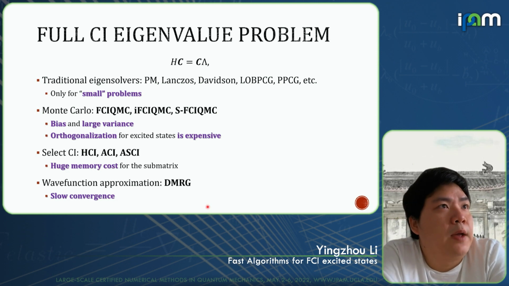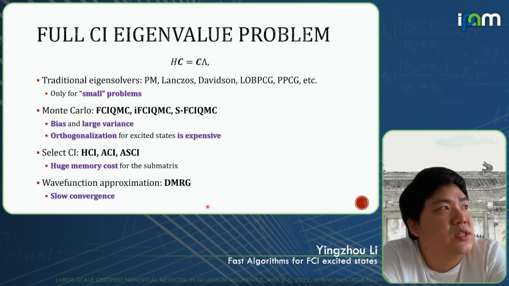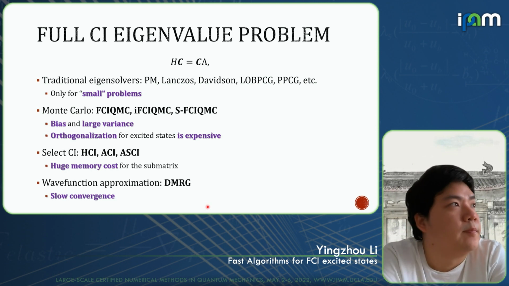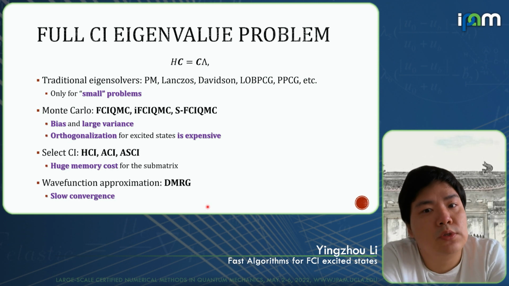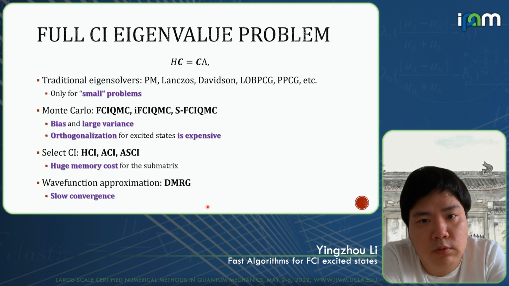But the eigenvalue problem sizes in DFT and full CI are dramatically different. Here we say they are only for small problems in the sense of full CI, compared to 10 to the 22. Still, they are efficient algorithms for problem sizes of 10 to the 4, 10 to the 5, 10 to the 6.